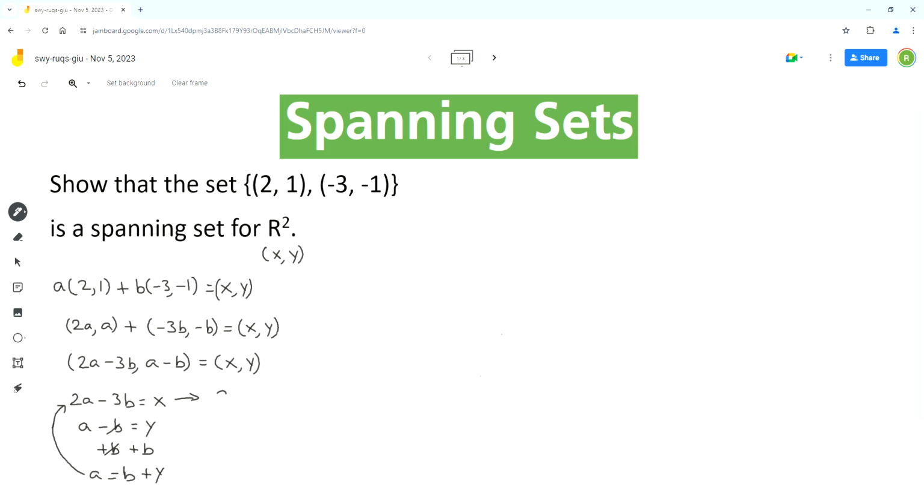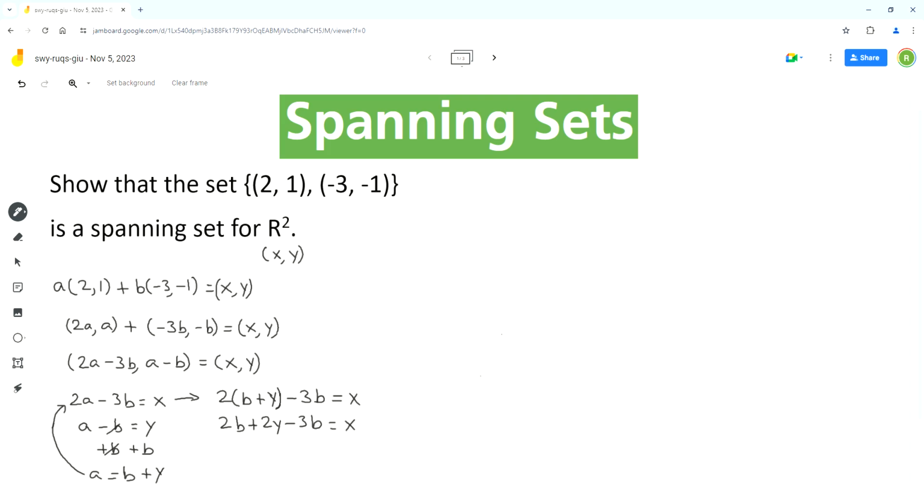So we get, so I replaced a with b plus y. Now we have to use this equation to solve for b. So the first step is to distribute the 2 into the parentheses. Now we can combine the b terms.